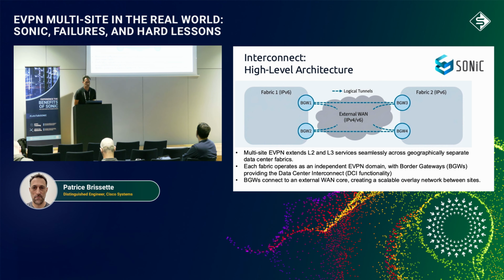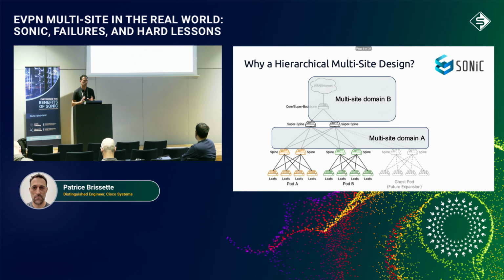And what I want to put in your brain is something more like this, where we are bringing the concept of domains. So basically, you can have multiple pods which are going to build your data center. Let's say you want to extend the data center, which is just A at the beginning. Most people will tell you, oh, just put more leaf and more spine, and then you're going to grow your data center.